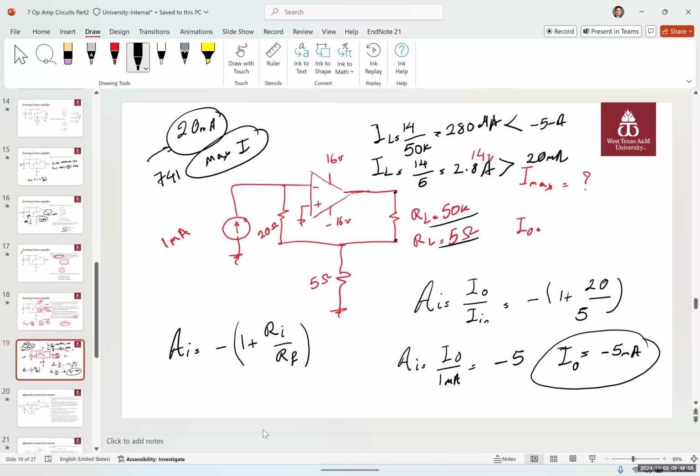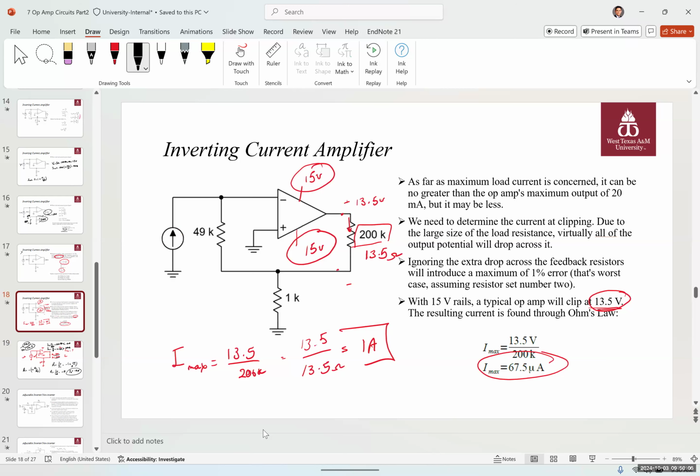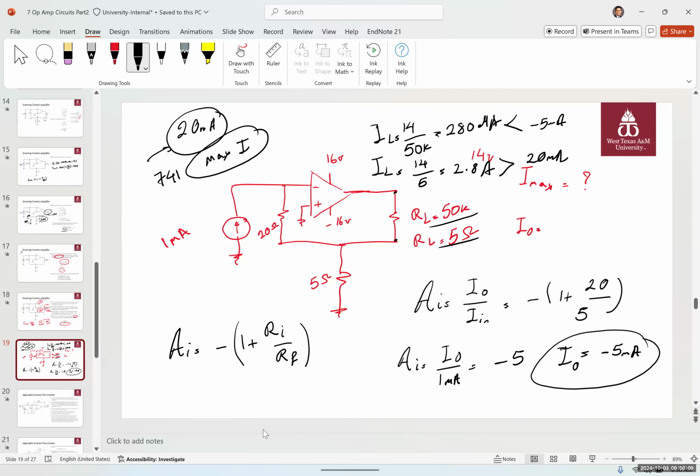Sometimes it's going to even damage the system that we have. But a 50K ohm is completely acceptable. So the maximum current that is going to pass through here is 280 microamps for this particular case.